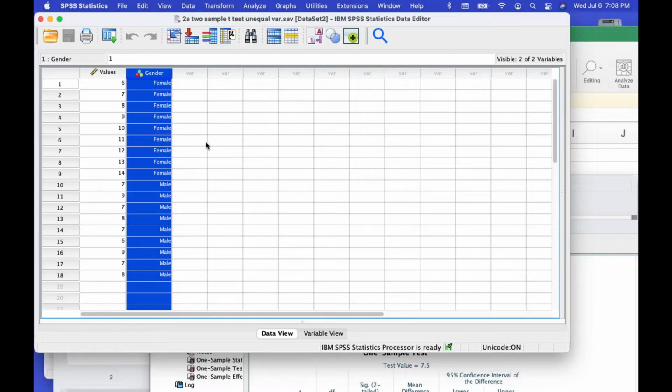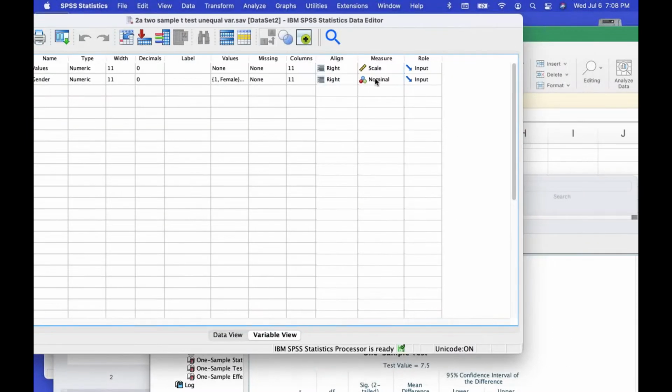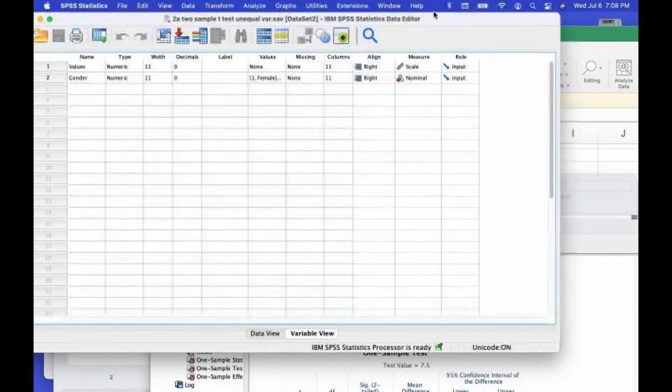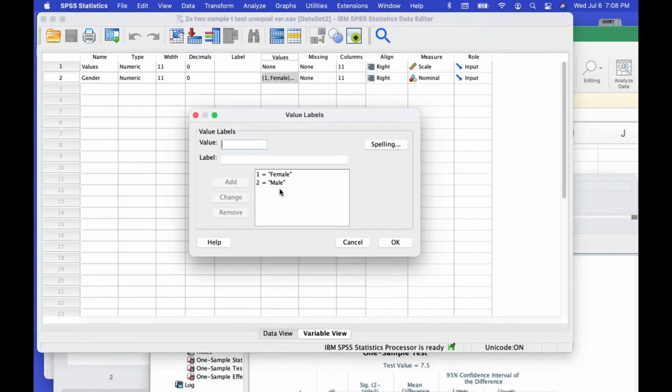The reason is that SPSS, unlike Excel, works on the basis of identifying variables and then working with each variable in turn. I'm going to go back to variable view to make sure they're identified correctly. The gender is nominal and the number is scalar, and if you click in there, it tells you that 1 equals female, 2 equals male.